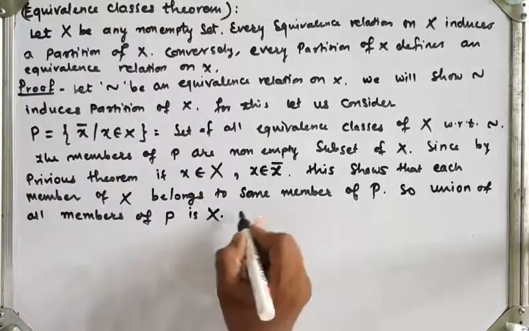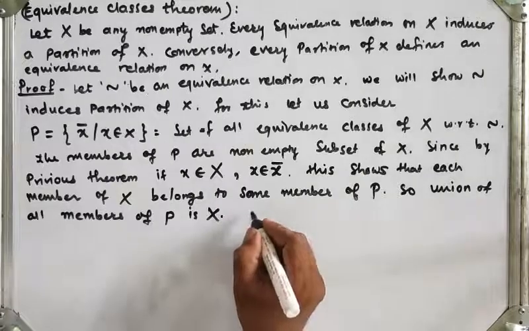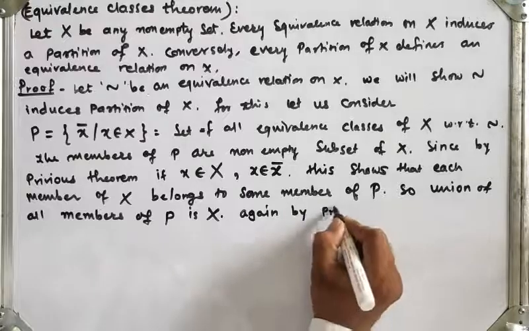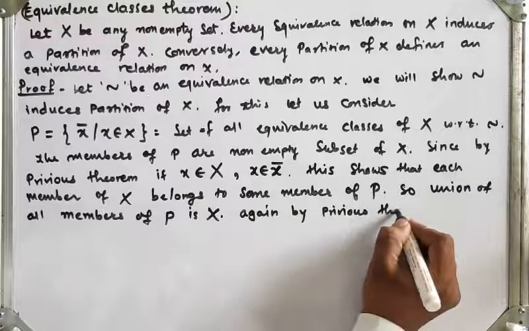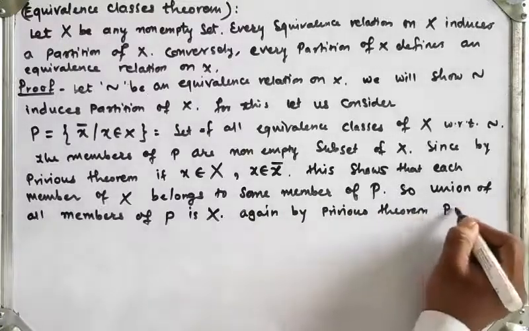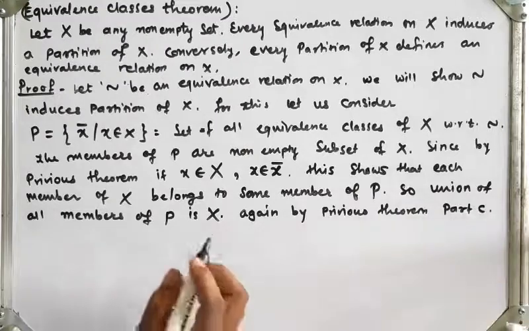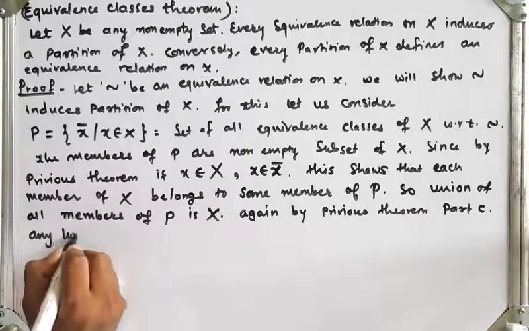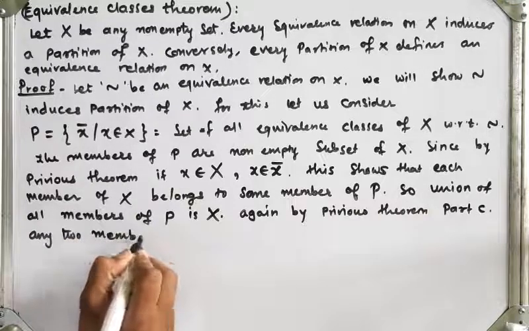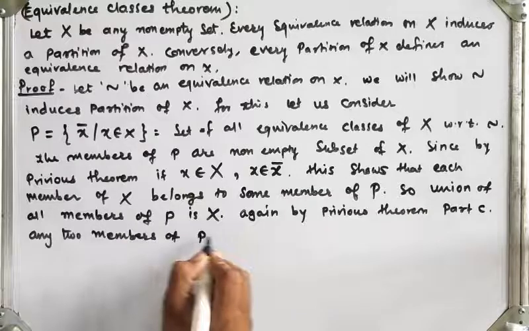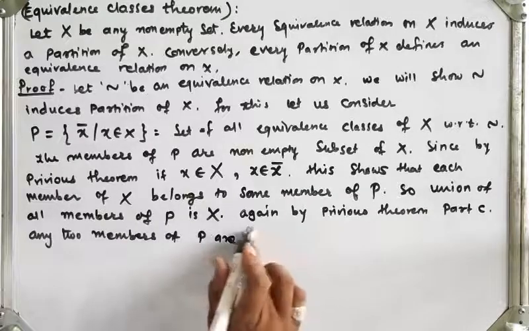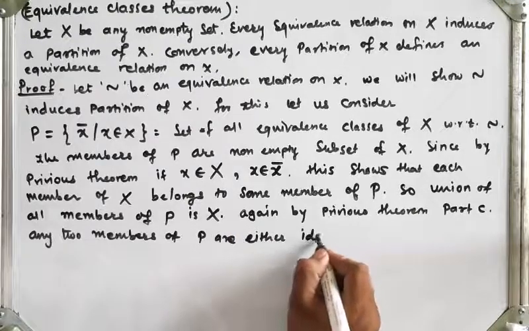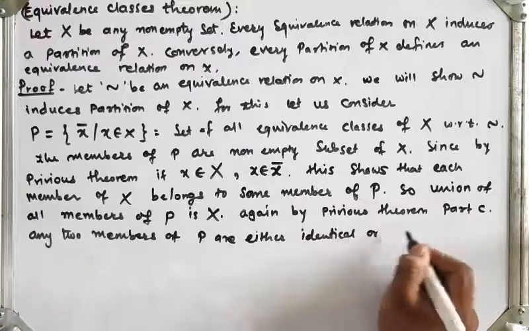Again by the previous theorem, part C, what do we have? Any two members of P are either identical or disjoint.